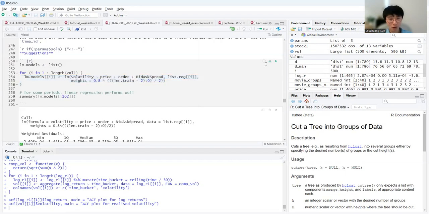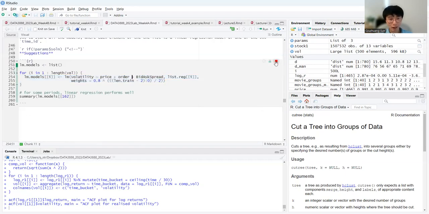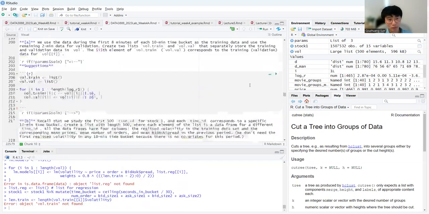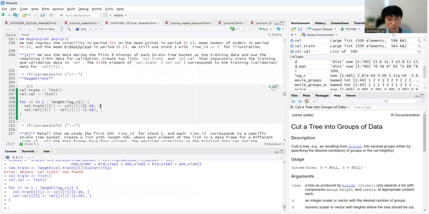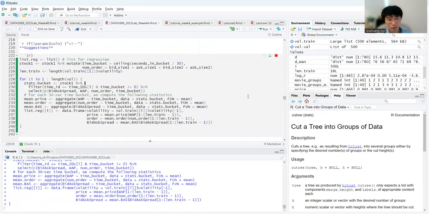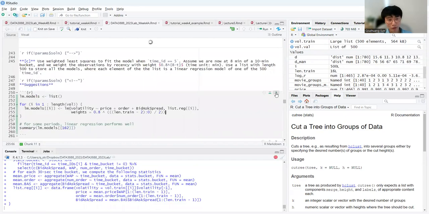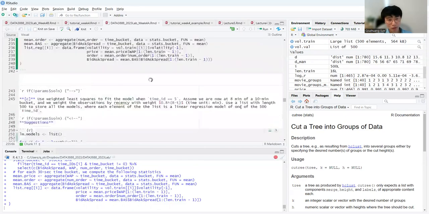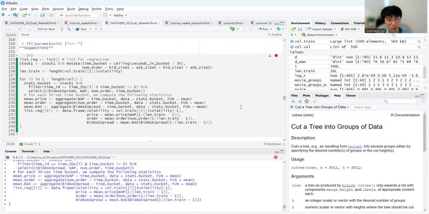After I run this for loop, I should run it here. After I run this model, I should have 500 linear models, and it takes some time to run.